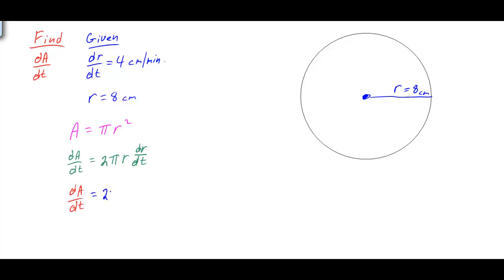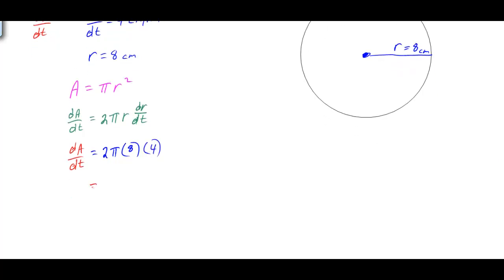We have 2 pi, our radius is 8, and dr/dt is 4. So we can calculate the rate of change of the area, which would be 64 pi, and our units would be centimeters squared per minute.